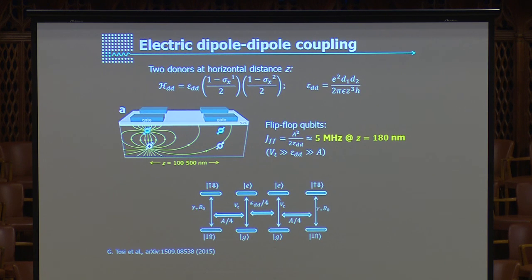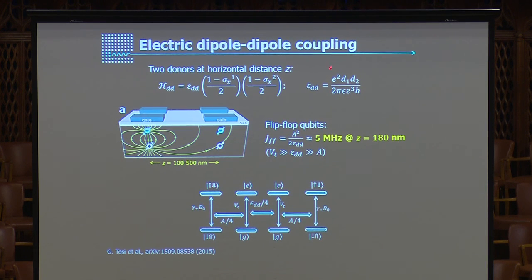Now, the coupling. We now have an electric dipole. If you write the full Hamiltonian of two systems like this that have been pulled halfway to the interface, so they have this electric dipole, you write the electric dipole interaction as a function of the operators of the individual charge qubits and solve the whole Hamiltonian. I'm not going to give you all the solution here. It's in this paper, on the arXiv. You need to choose the tuning properly.